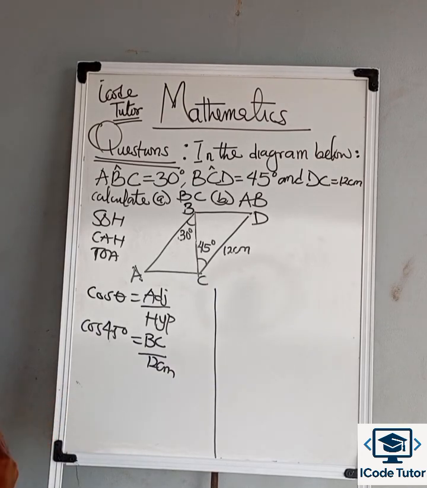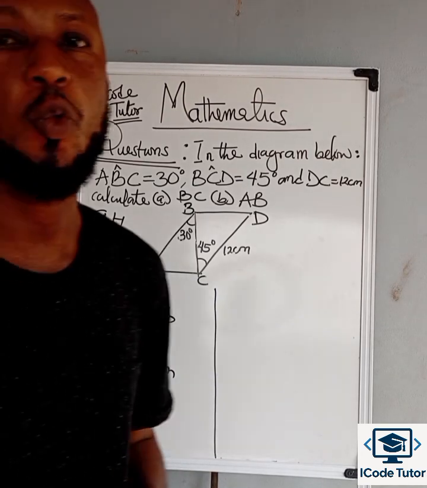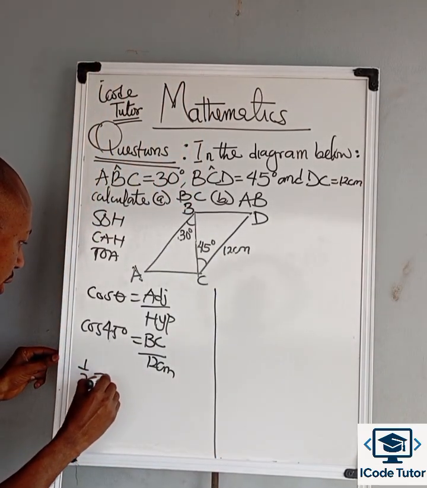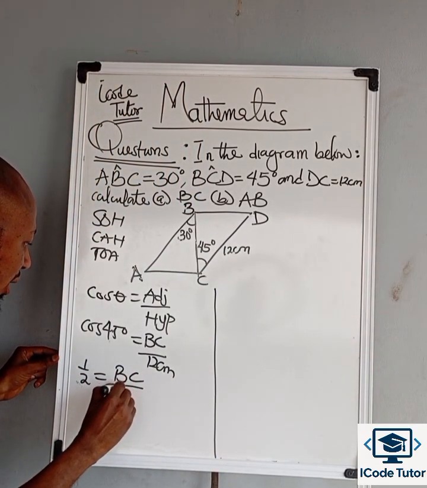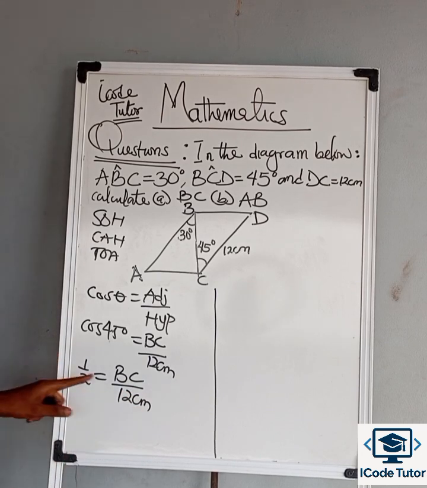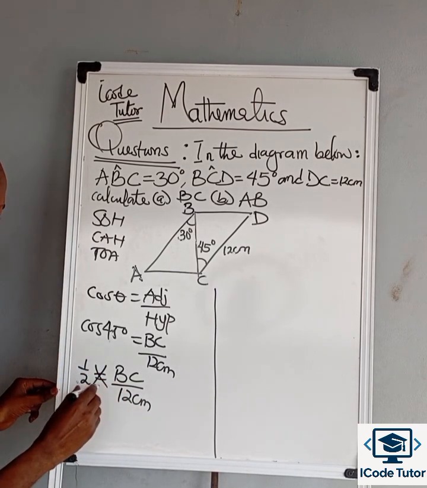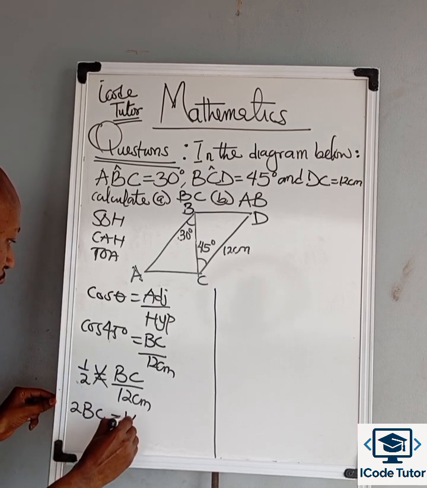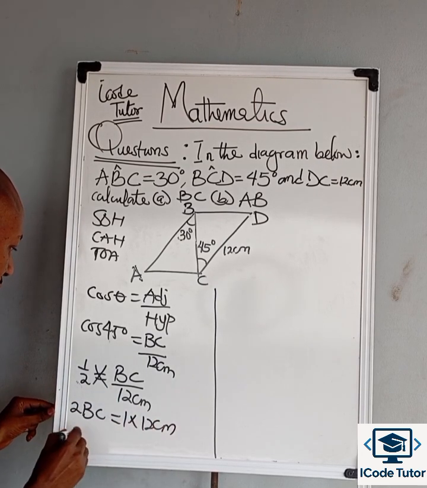Now, that means that we need to make use of the trigonometric ratio of 45 degrees, which is 1 over root 2. That means that this will be 1 divided by root 2 equals BC over 12 centimeter. The next thing to do here is just cross multiply. That is root 2 BC equals 1 multiplied by 12 centimeter.